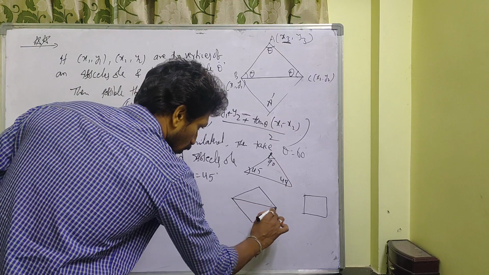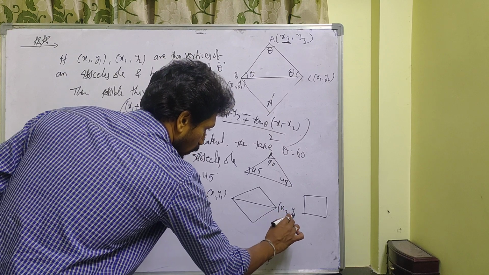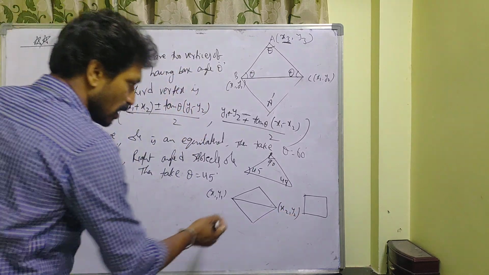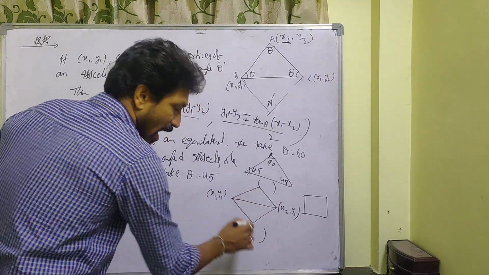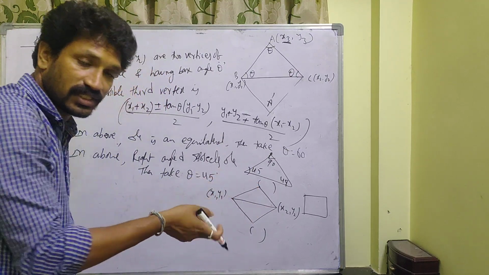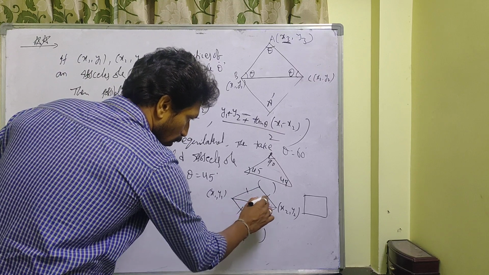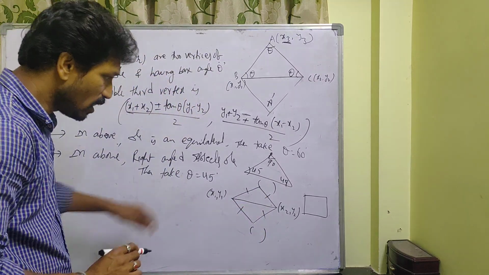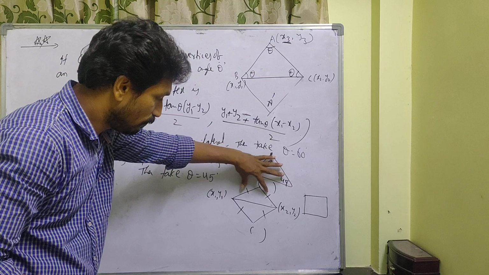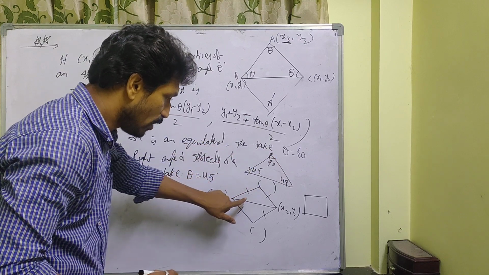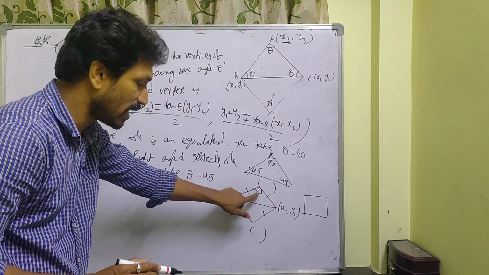These two are the opposite ends of one diagonal, (x1, y1) and (x2, y2), and this will be the other diagonal. In a square, these two sides are equal, and the angle at this vertex is 90 degrees.